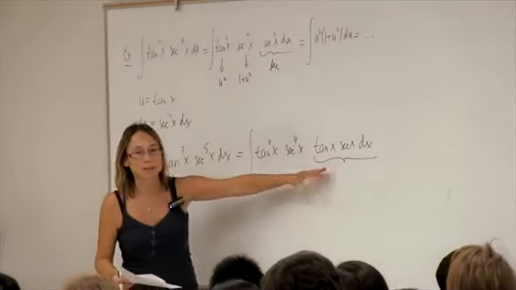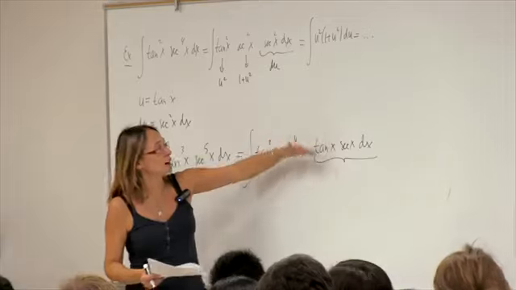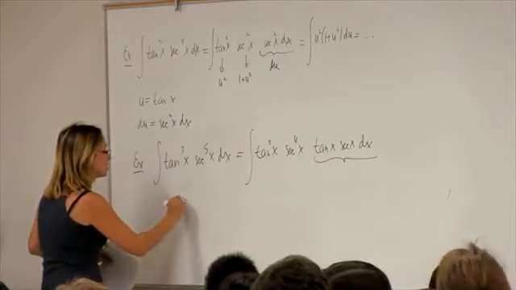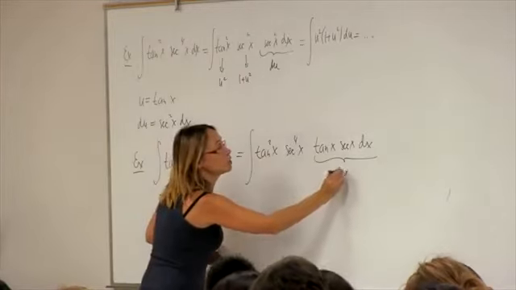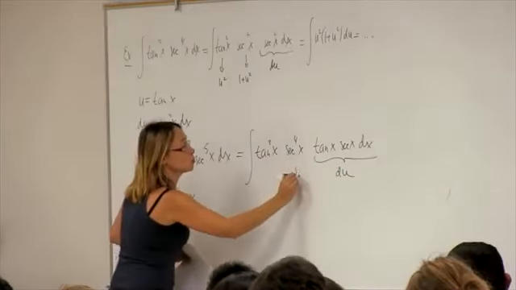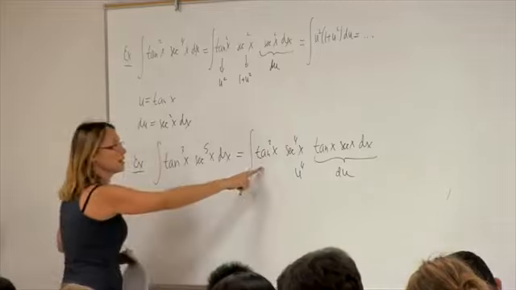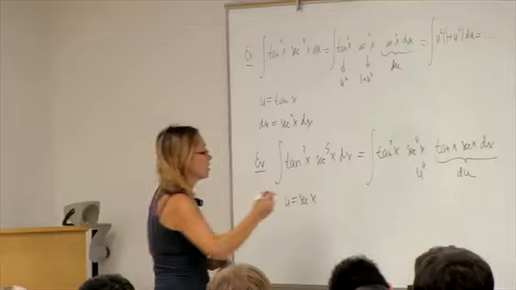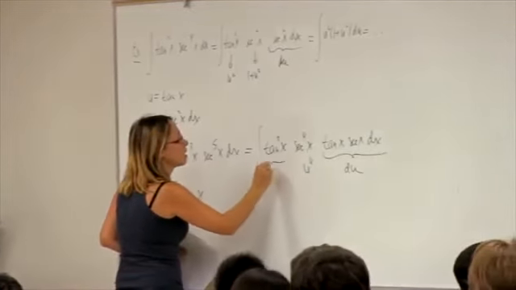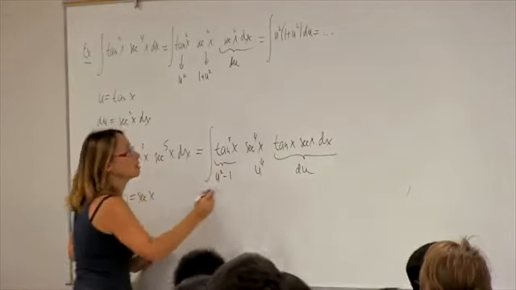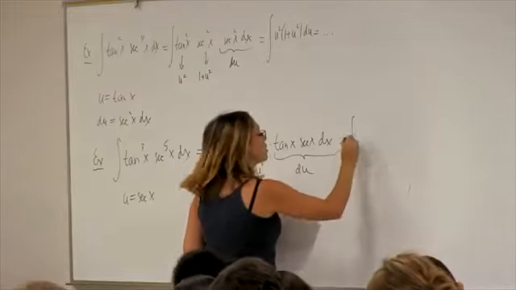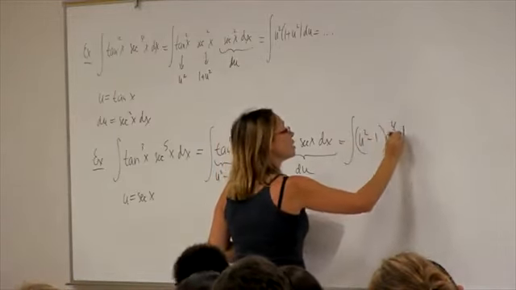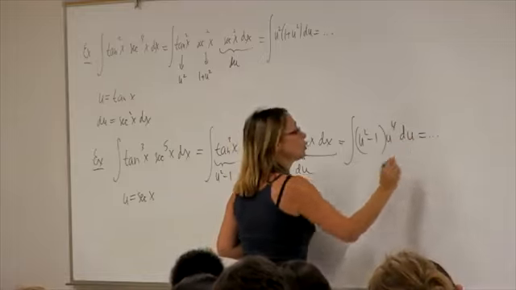What I saved, I'm arranging for myself to have a derivative of a secant. So u is secant x, therefore this is du. This is u to the fourth because it's just secant, and tangent squared is secant squared minus 1. So this is u squared minus 1. So the whole thing becomes u squared minus 1 times u to the 4th du, dot dot dot.